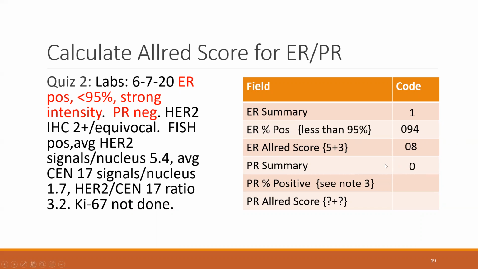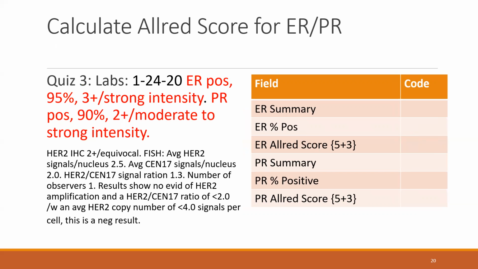So we're going to code PR summary as 0. And then note 3 is allowing us to code this to 0, 0, 0. Actually, it might be slide 11. Sorry. If you want to look back. And then there's no percent positive, and there's no intensity. We can't calculate this because we don't have both of those. So that will be X9.